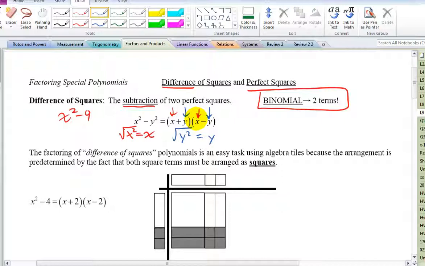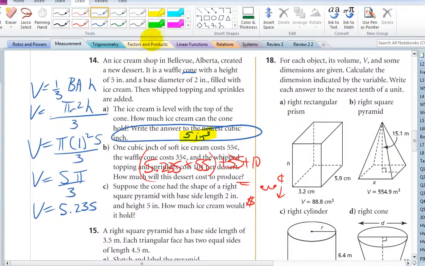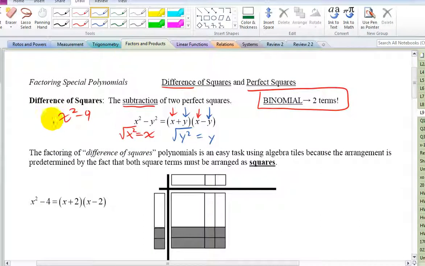So if we have x squared minus 9, we square root the front to give us x. And we square root the back to give us 3. And the hardest part, plus minus.